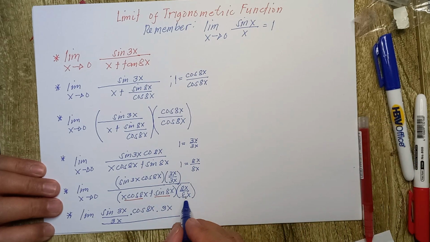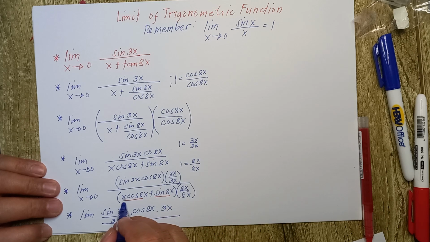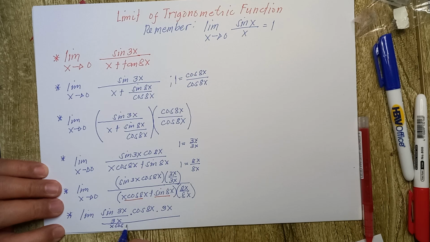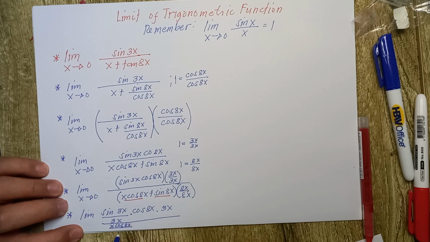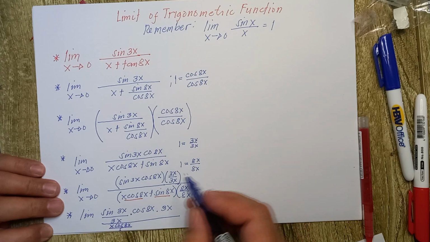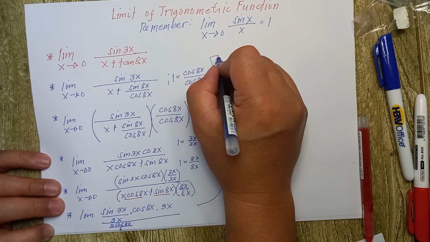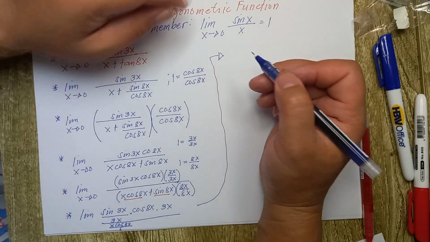So the denominator, 8x multiplied by this one, x cosine 8x over 1, that is the same as x cosine 8x over 8x. I'm sorry. Let's consider replacing it in here, transferring it here. Okay, let's transfer it in here.